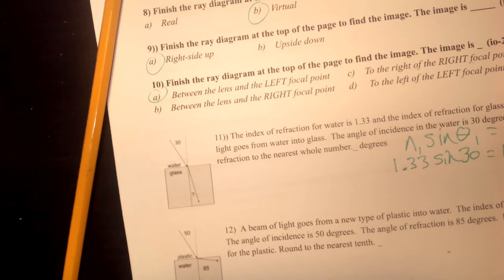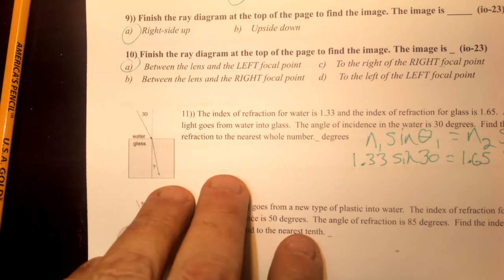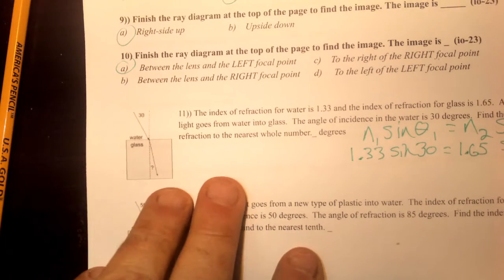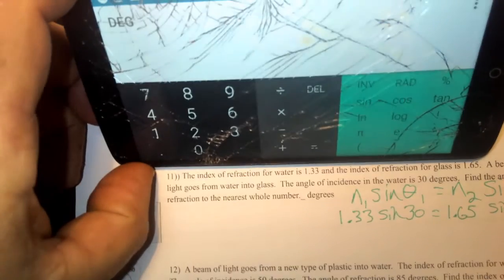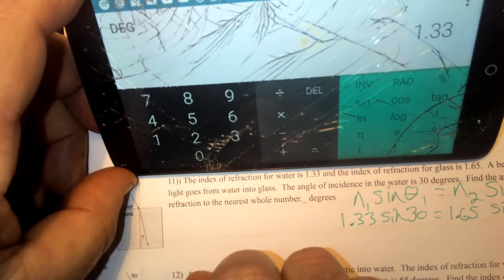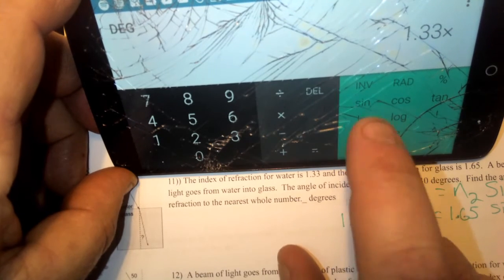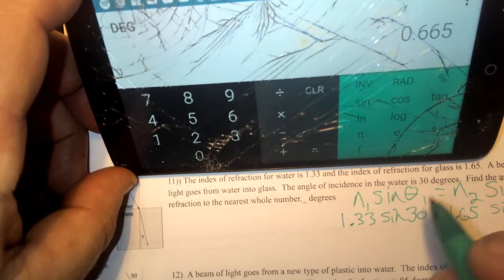Okay, I need to go and get my phone for its calculator. Okay, so we type in 1.33 times the sine of 30 equals 0.665.